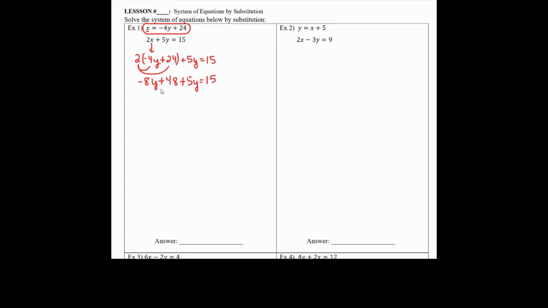Next step is combine like terms. So we're going to combine negative 8y with 5y. And the 48, there's nothing I can combine with 48. Remember, here is the border. So negative 8 plus 5 is negative 3y. We bring down the 48, equals, we bring down 15.